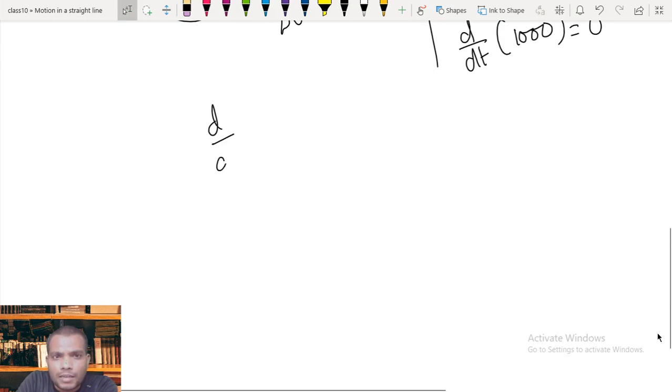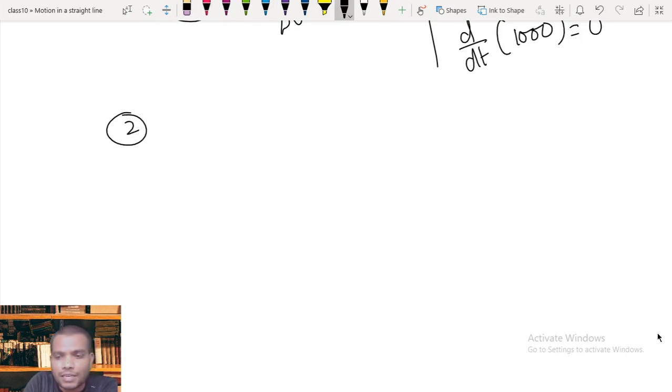Let me take the next formula. That was the first rule, and this is the second rule. Suppose d by dt of a function t power n.